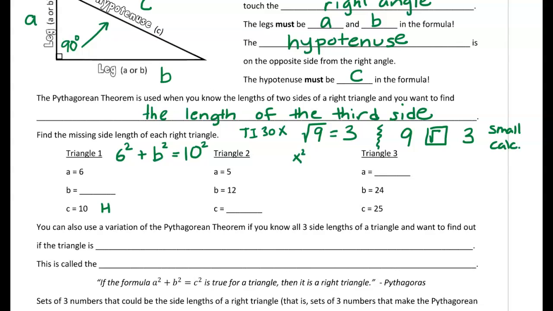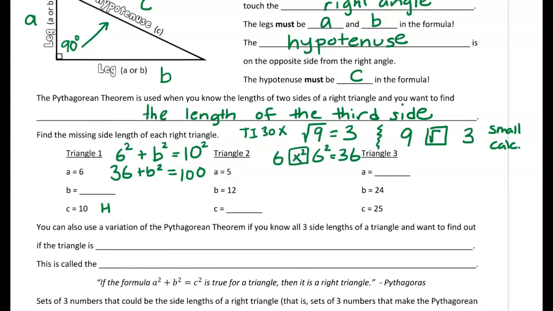So if you see this button, you can push, say, 6, and then the X squared button will make there be a little 2 up top. And when you push equals, it will give you 36. So that would be 36 plus B squared equals 100.